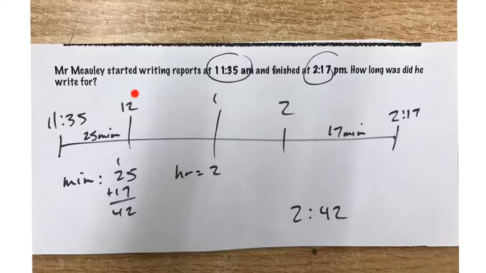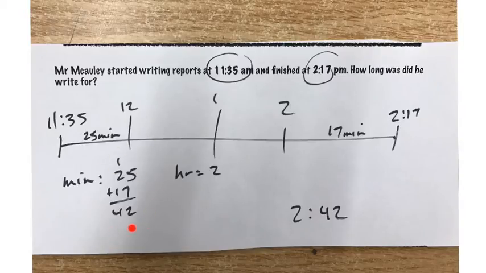Then I'm at 12 o'clock. I can just easily go along counting hours until I get to 2 o'clock, which is the hour that this activity finishes at. And then I just add the 17. I don't calculate at this end, but I do a calculation here to figure out how many minutes I have to add to get up to the next hour. Then I take the 25 and the 17 and I add them together.